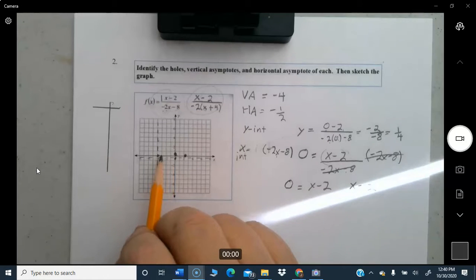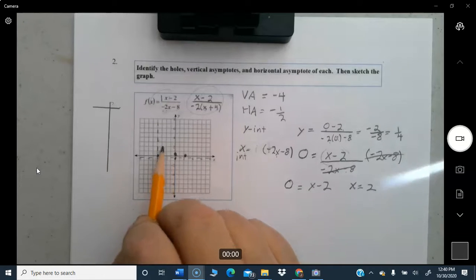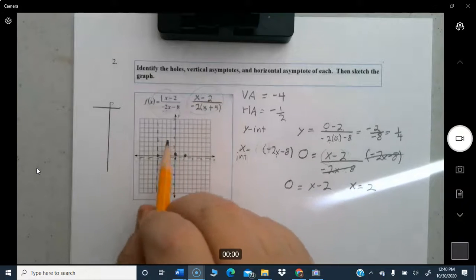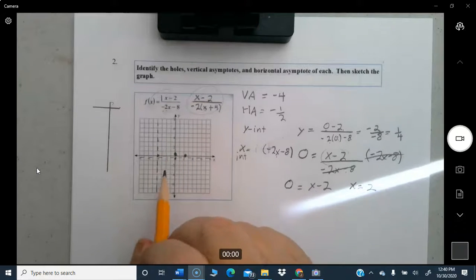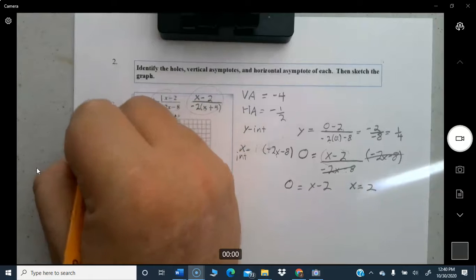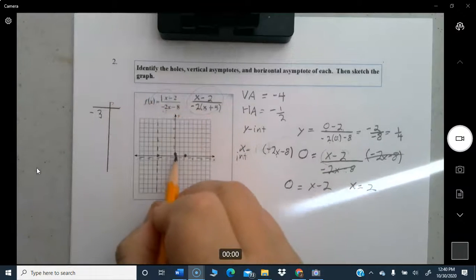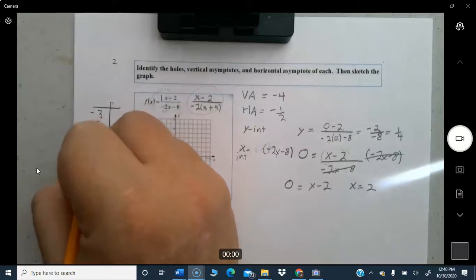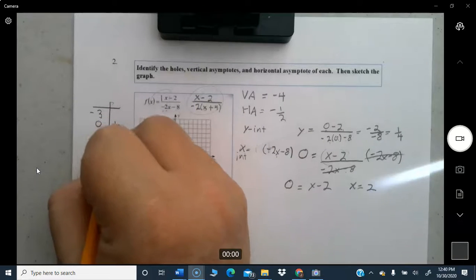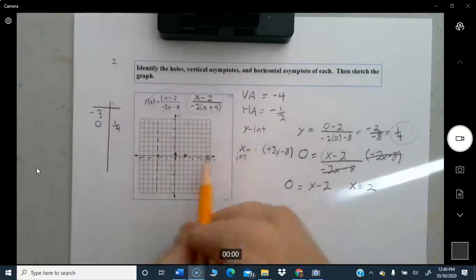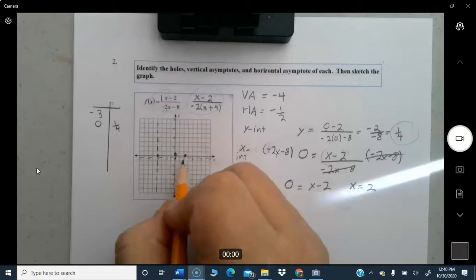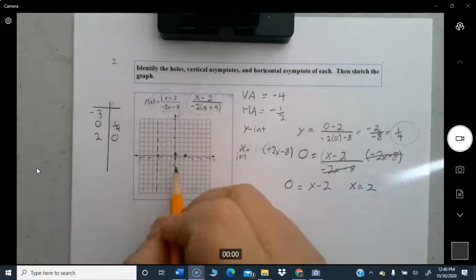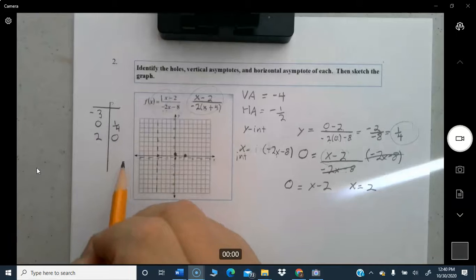This line is at negative 4, so I'm going to pick a point at negative 3 to see where it lands, which will help me determine what this curve looks like. I already have x equals 0, y equals 1/4, the y-intercept, and at x equals 2, y equals 0, the x-intercept. So I have a couple of points already.